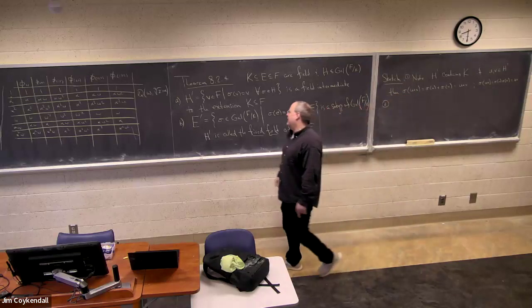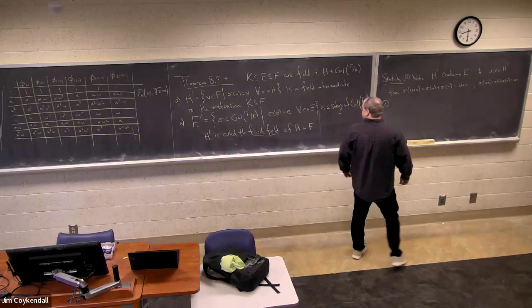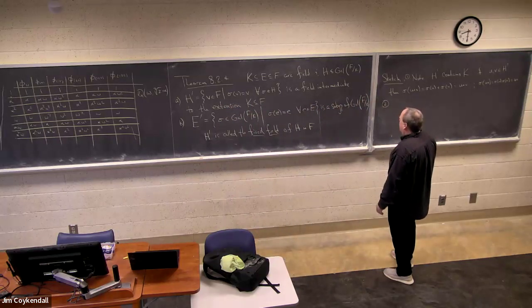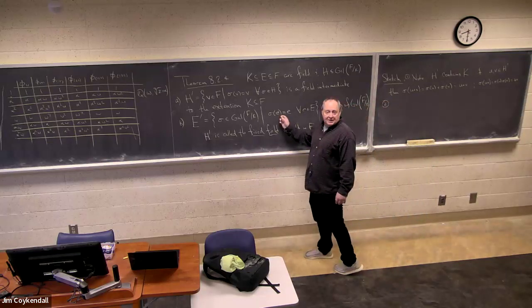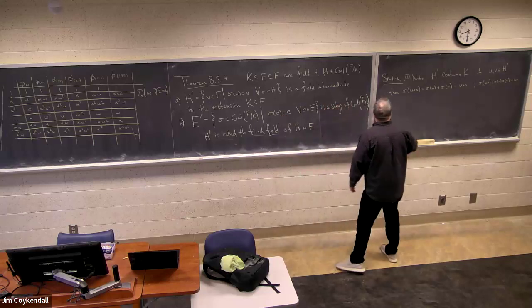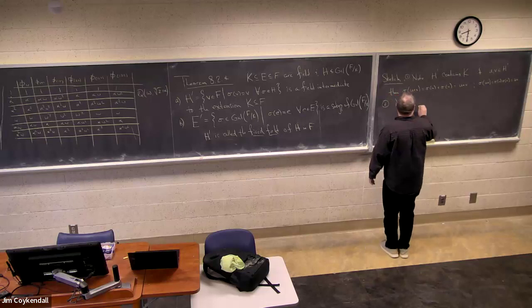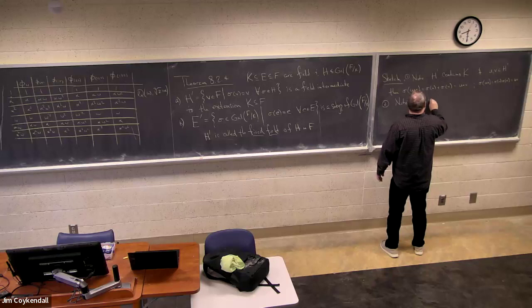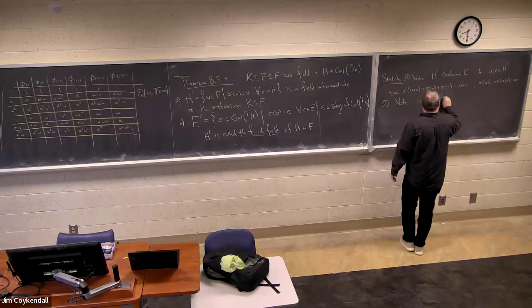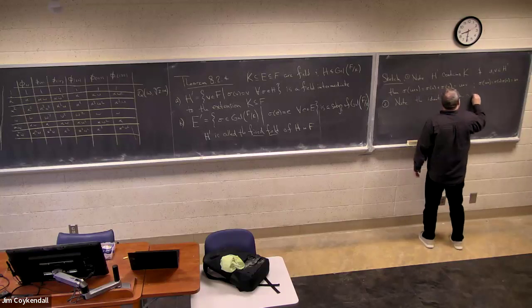For this other statement here, this should be a subgroup of the Galois group. Notice, of course, that the identity is in here, right? The identity automorphism is in E prime.